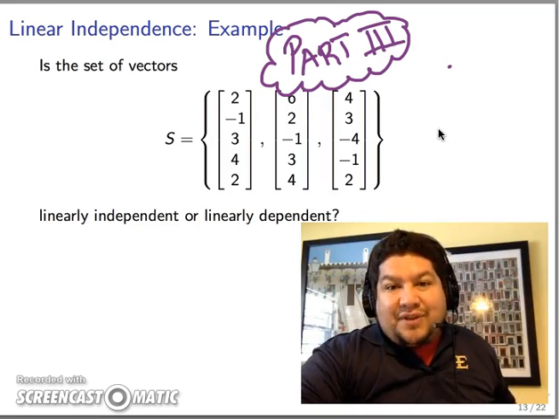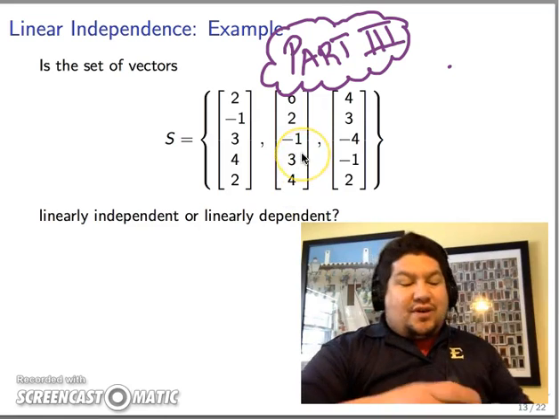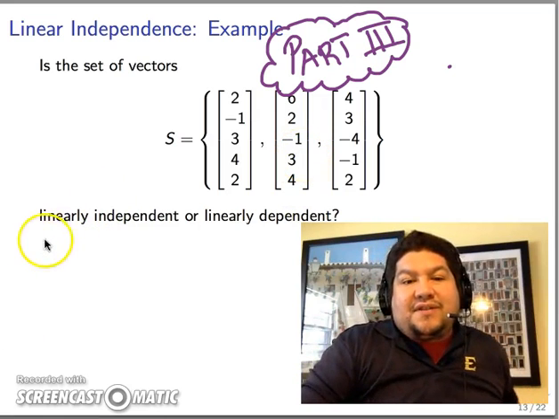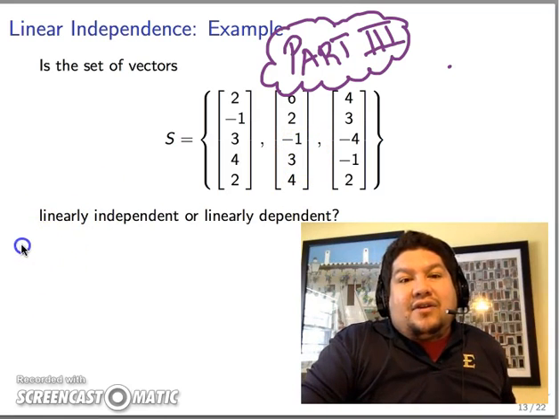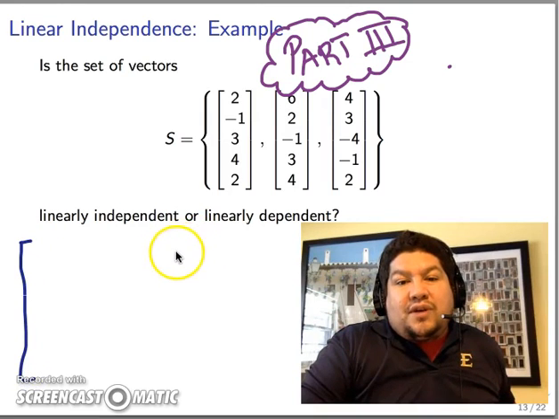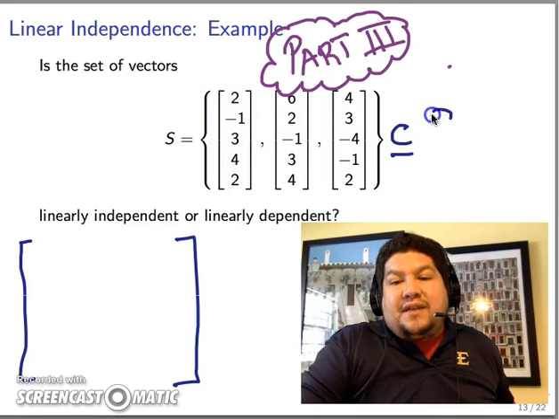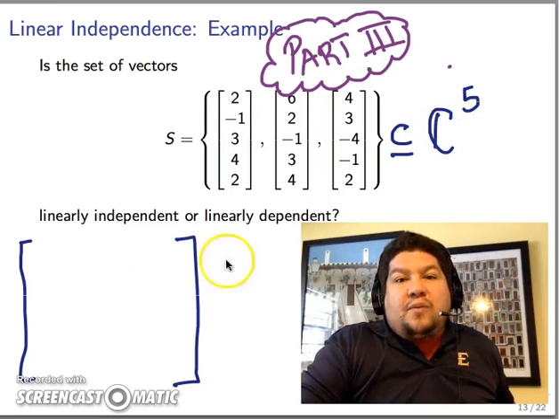For example, here with this set of column vectors, what we should do is form an augmented matrix. You could choose to form the augmented matrix of the homogeneous system, or you can simply work with the original matrix. Each of these vectors is in C5, so each contains complex numbers.